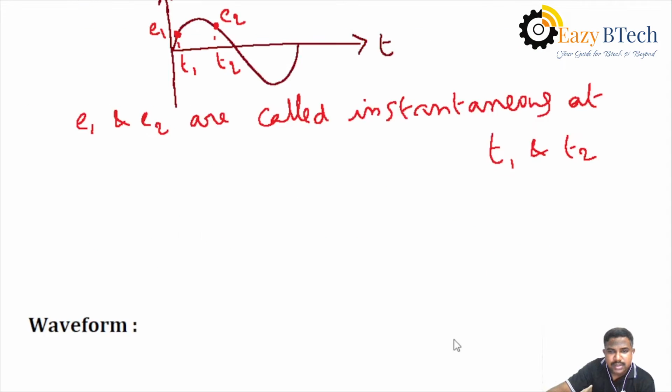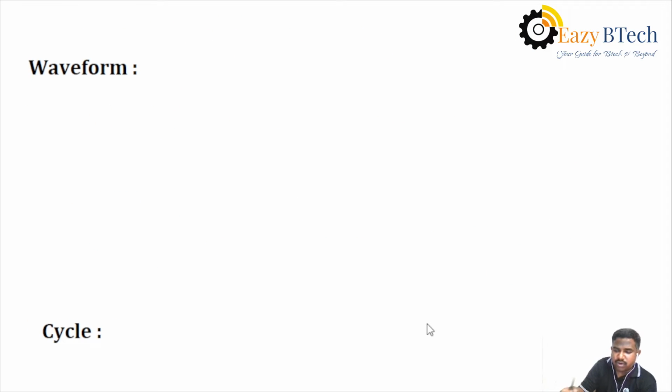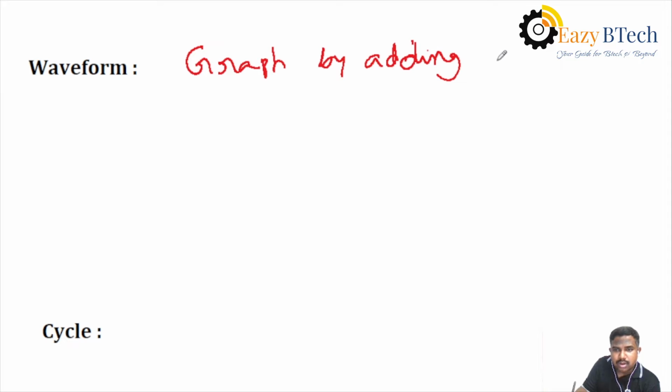Then the second is, what is a waveform? A waveform is nothing but a graph which is obtained by adding all the instantaneous values.